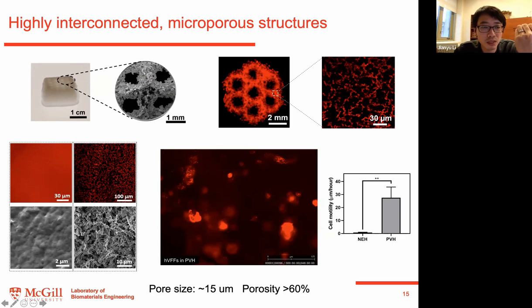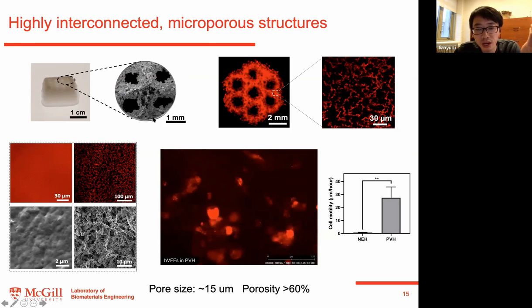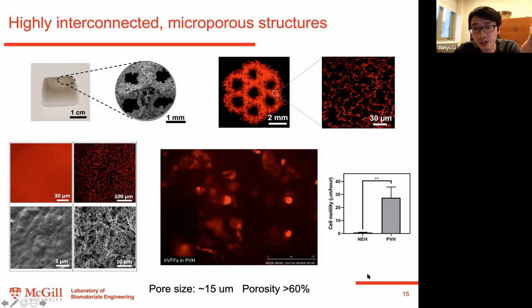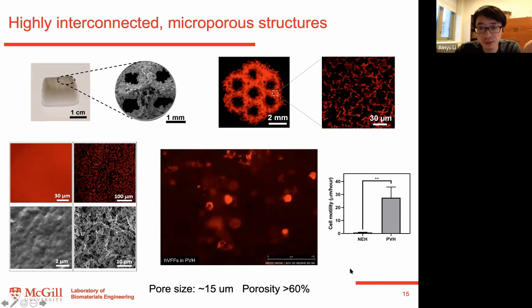In comparison, with nanoporous or non-porous hydrogels, you don't see this kind of phase separation behavior. This structure can be seen in the SEM, and because it provides open space for the cells to migrate and proliferate, we observe much higher cell mobility inside this microporous matrix.